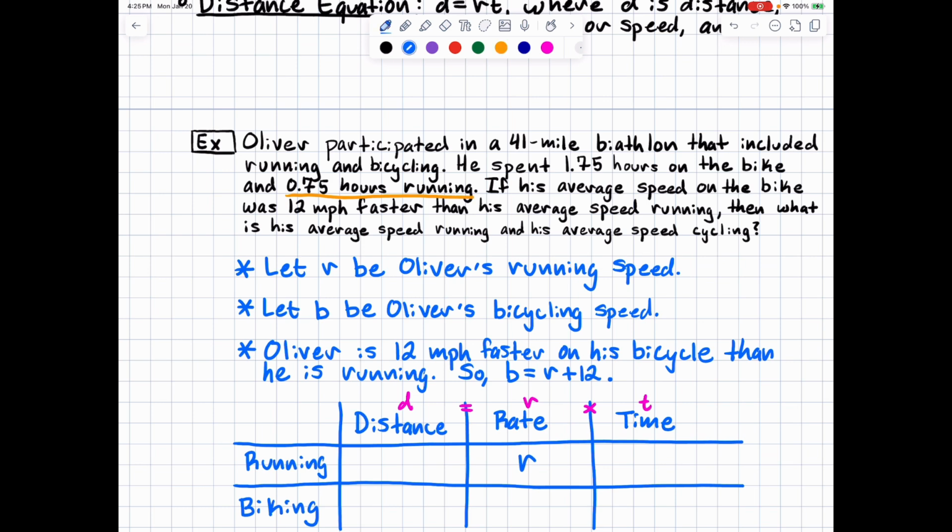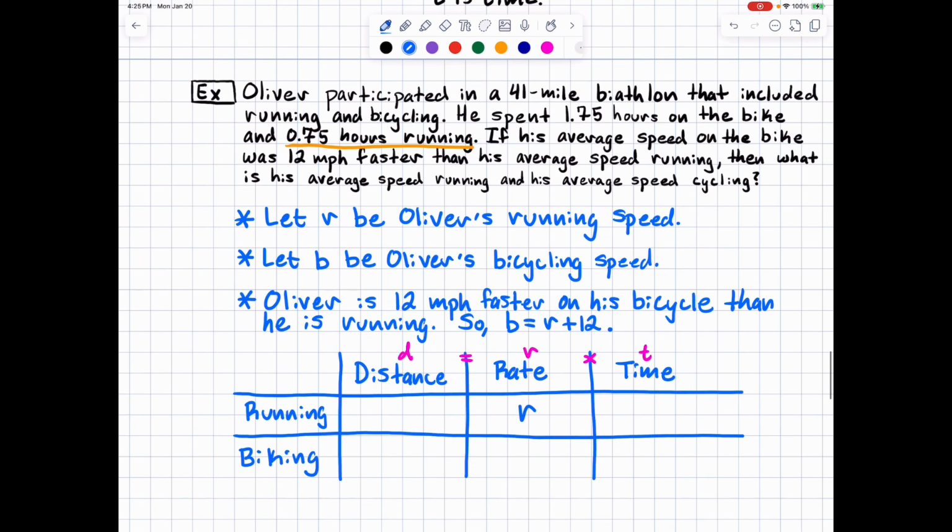So his time running is 0.75. And because distance is rate times time, his running distance is going to be 0.75 times r. His rate was r, and his time was 0.75.